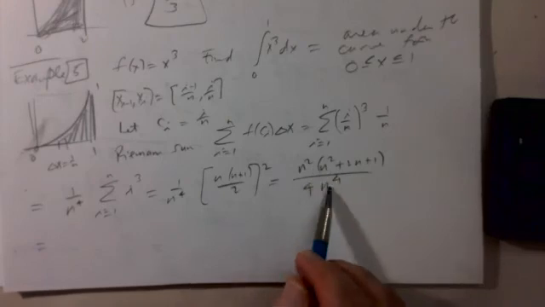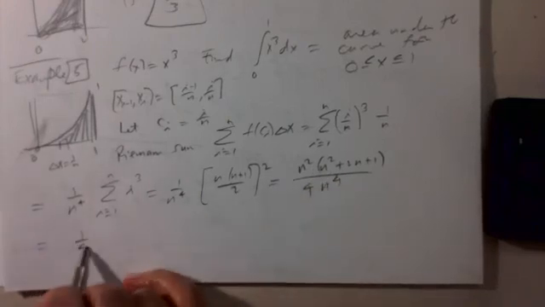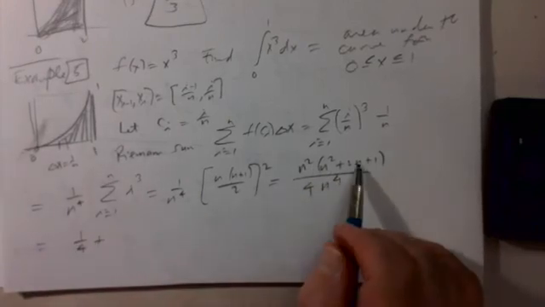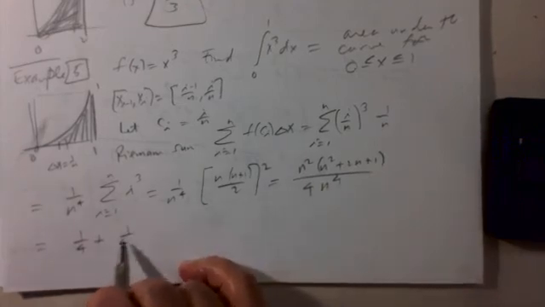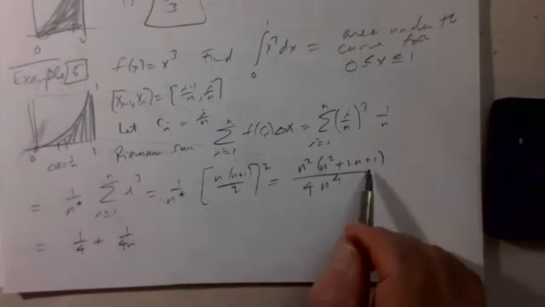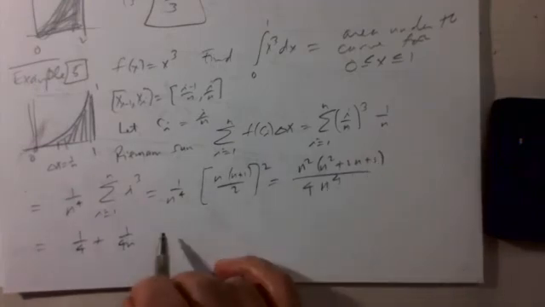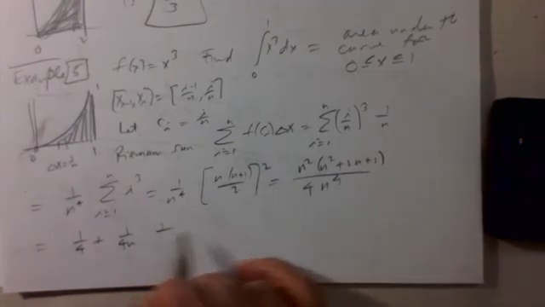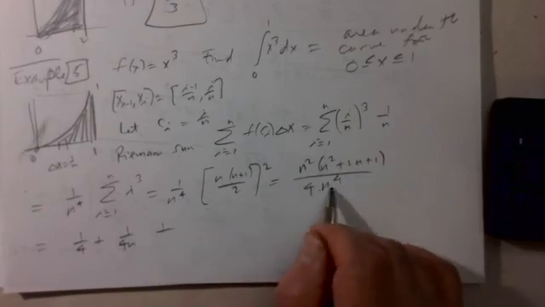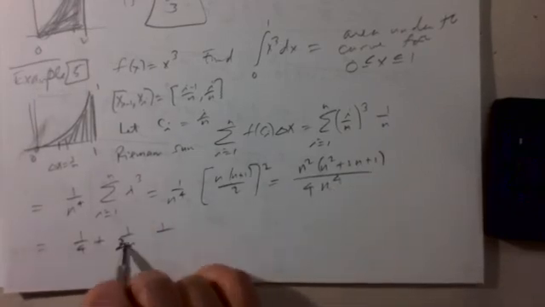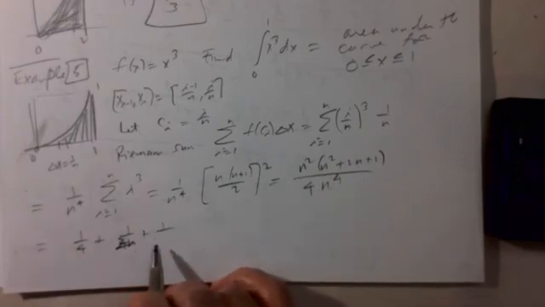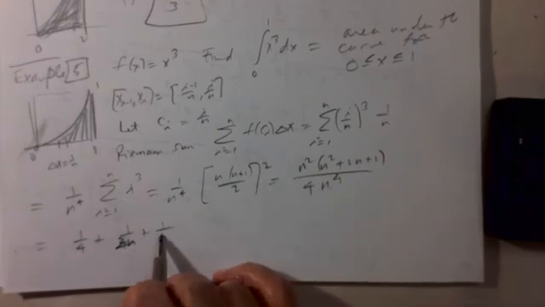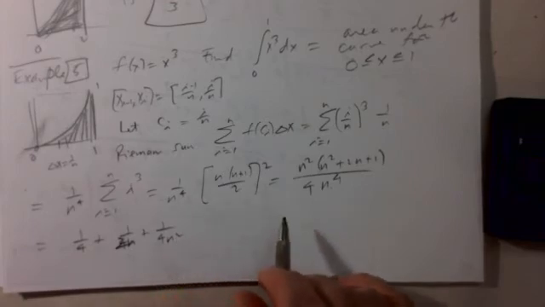So n squared times n squared is n to the 4th, that's 1 over 4, plus 2n cubed over 4n to the 4th is 1 over 2n, and n squared over 4n to the 4th is 1 over 4n squared.